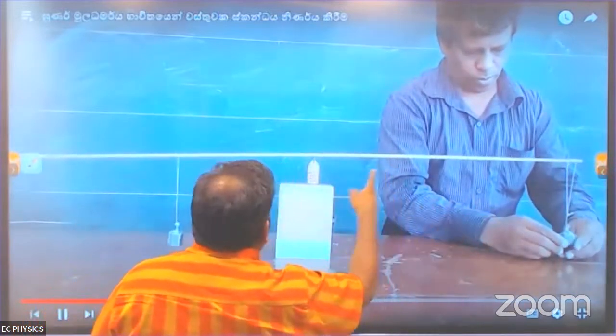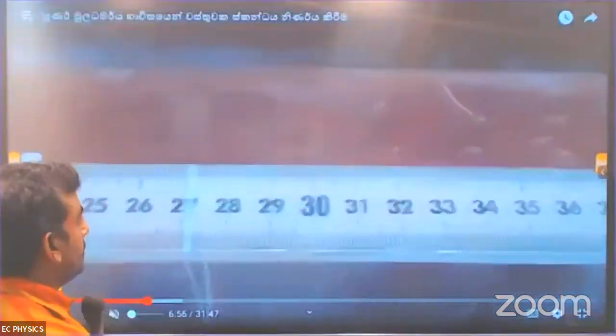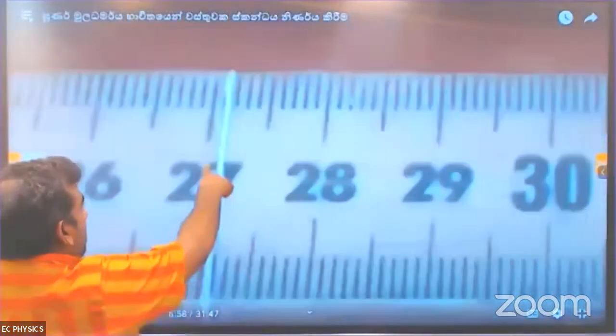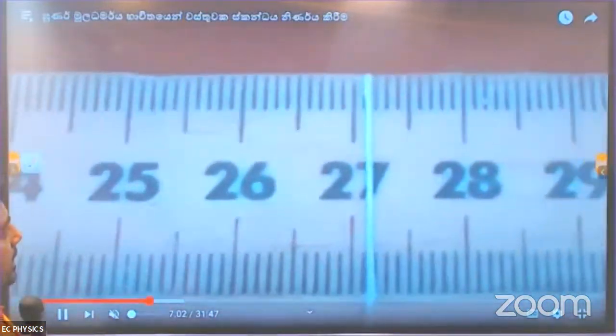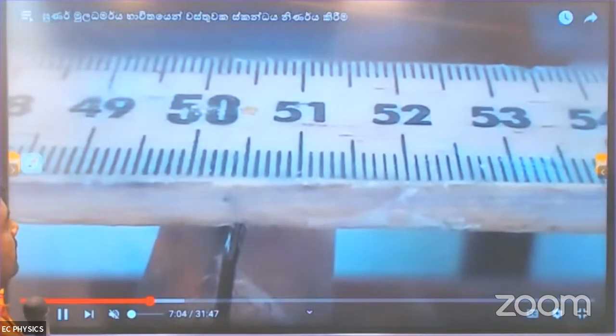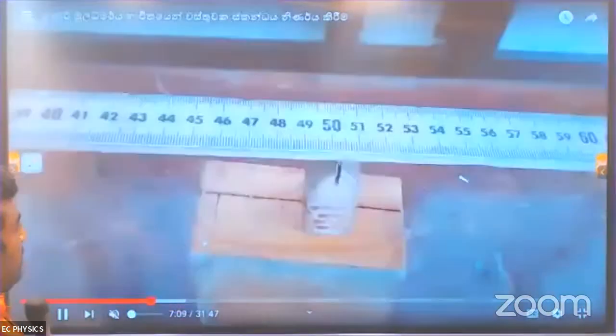So when the heavy weight comes closer, the known weight also will come closer. So here it's at exactly 27, these at 51 centimeter, 50.5.